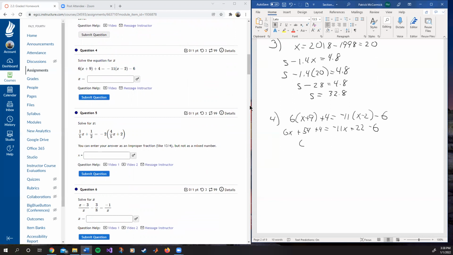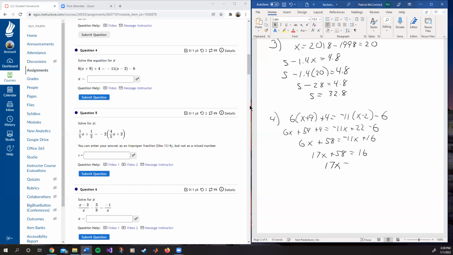Now let's combine some like terms. What we've got: 6x plus 58, equals -11x, so 22 minus 6. What is that, 16? All right. Now we need to get our x's on one side and our constants on the other. So we're going to add 11x to both sides. I add the 11x, and I get 17x plus 58 equals 16.